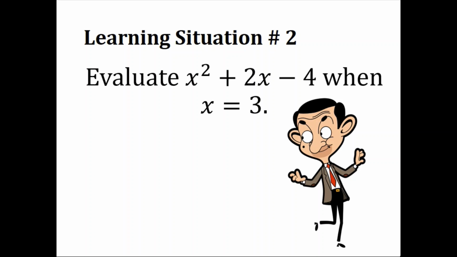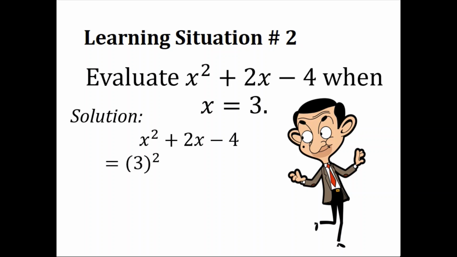Next one. Evaluate x squared plus 2x minus 4 when x equals 3. To do that, copy the expression x squared plus 2x minus 4, substitute the value of x, which is 3, to the whole expression, so x squared becomes 3 squared, plus 2x becomes 2 times 3, copy minus 4 because that's just a constant.